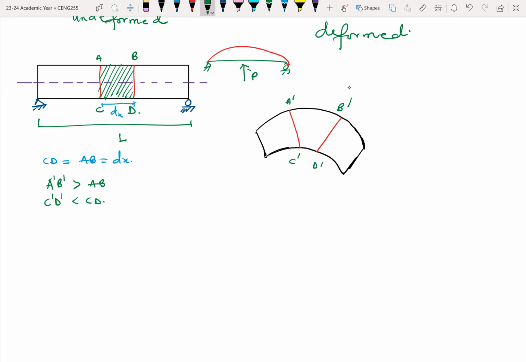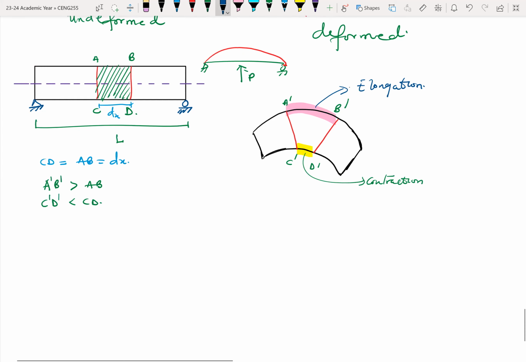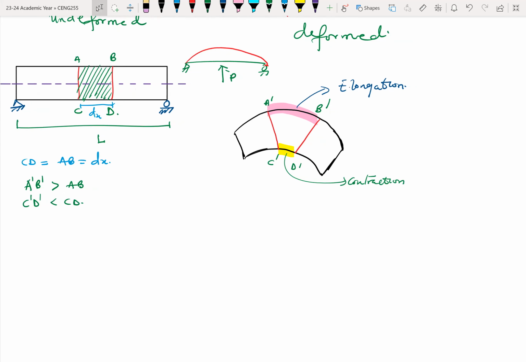All right. So this zone here is undergoing contraction. Okay. And then the zone up here is undergoing elongation. So if some part up is undergoing elongation and some part is undergoing contraction, then it means that somewhere in between there will not be any change.